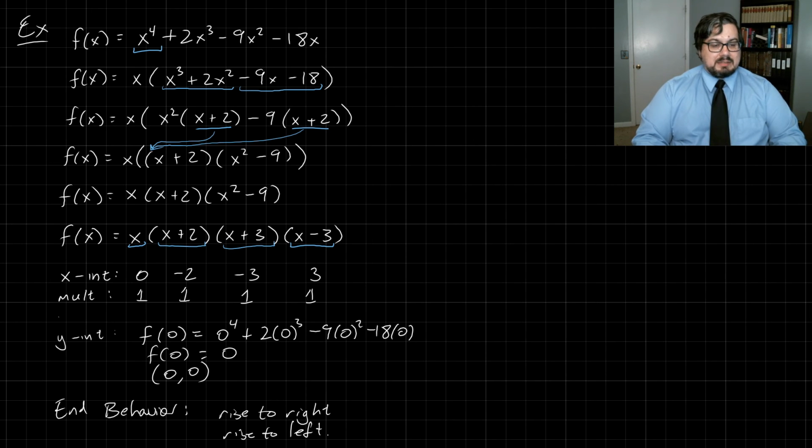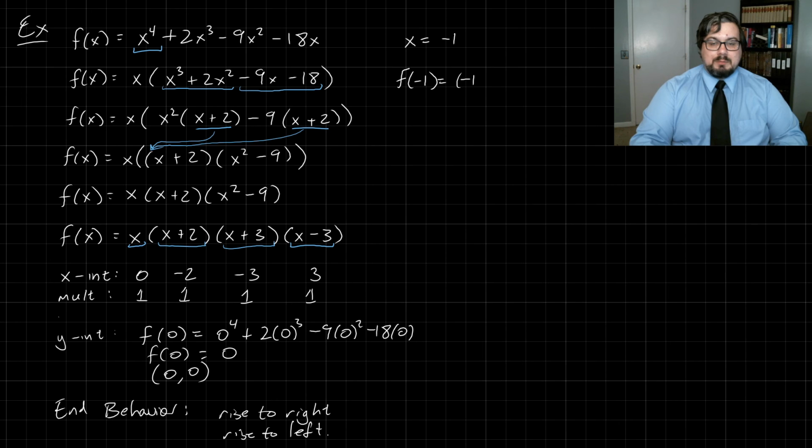Notice that we've got 0, negative 2, negative 3, 3. I'm going to go ahead and calculate f of negative 1 and f of 1. So f of negative 1, for this I actually want to use the factored form. The factored form is going to be a lot easier here.